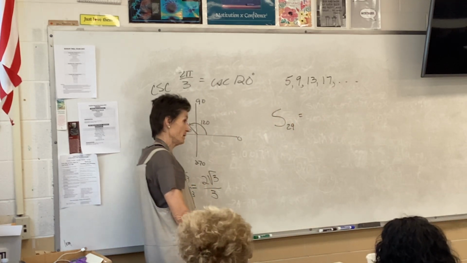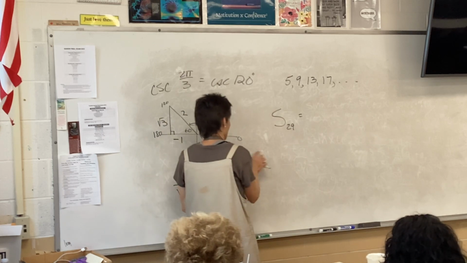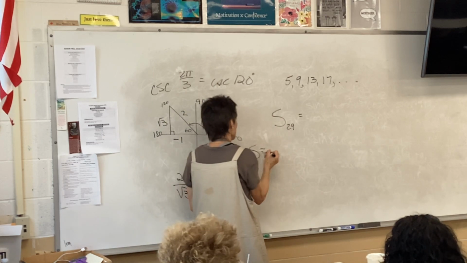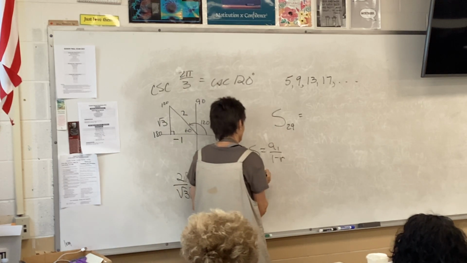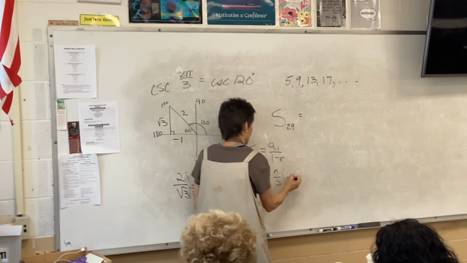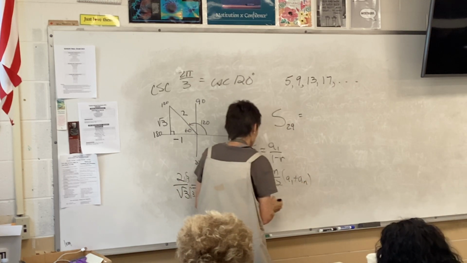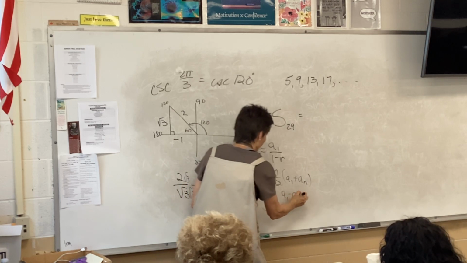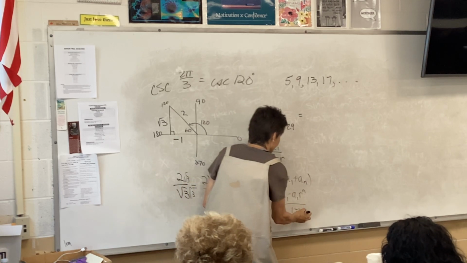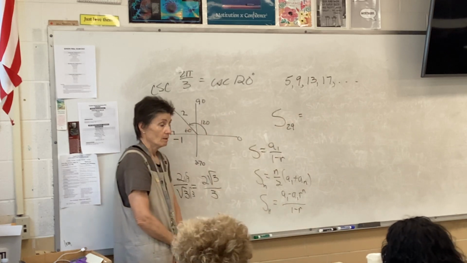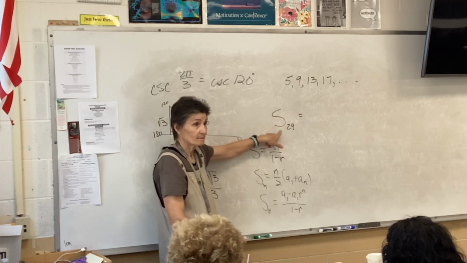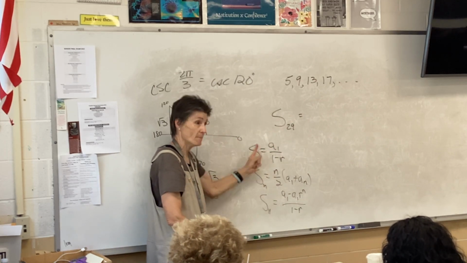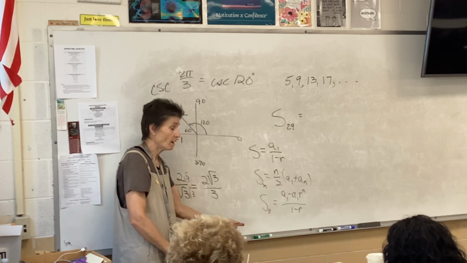Now, your formula sheet will have 3 sum formulas on it. These do you absolutely no good unless you know which one to use when. See that S? Sum, these are sum formulas. You're going to use one of those formulas.